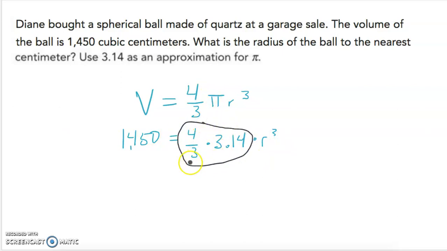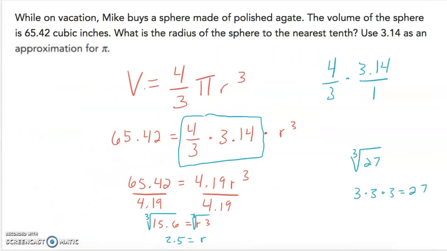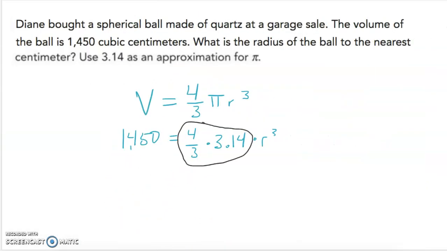Again, we're going to end up with the same thing as before. It was 4.19, right? Because 4 times 3.14 divided by 3 is 4.19. So r cubed on that side, and this side is 1,450. I'm going to divide both sides by 4.19.